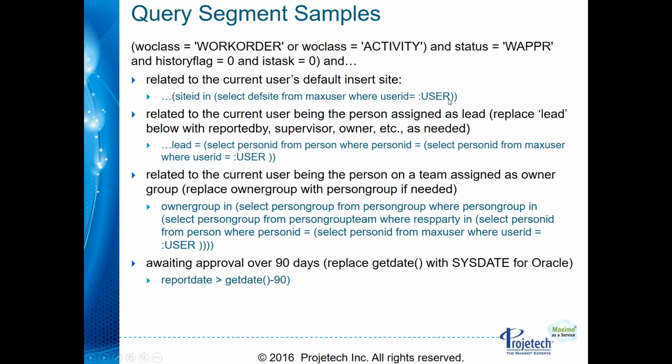So if you're looking for work orders related to the default insert site of the current user, you can add this segment. The colon user: when you build a query and save it the first time, even though you've entered colon user, Maximo will overwrite that with your user and save it that way.